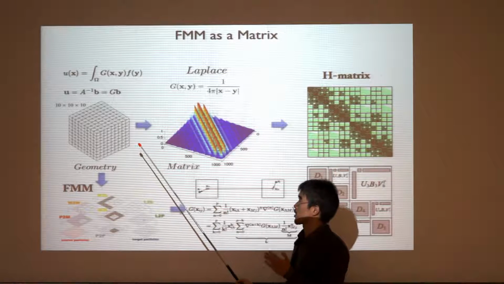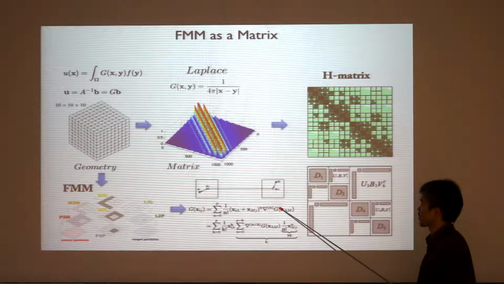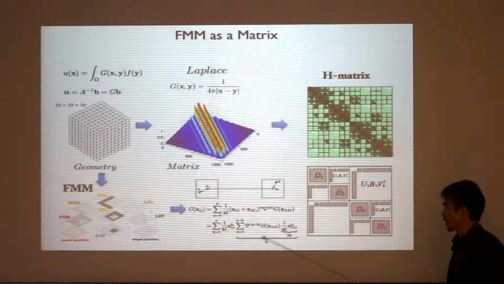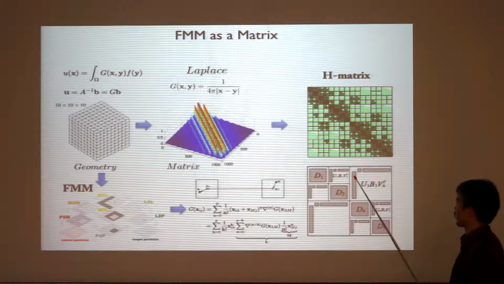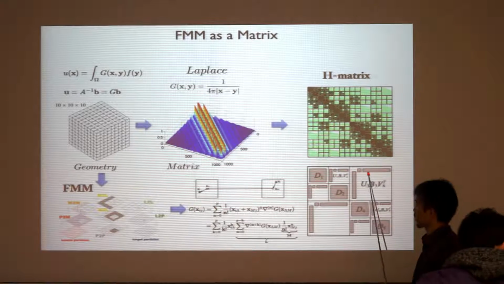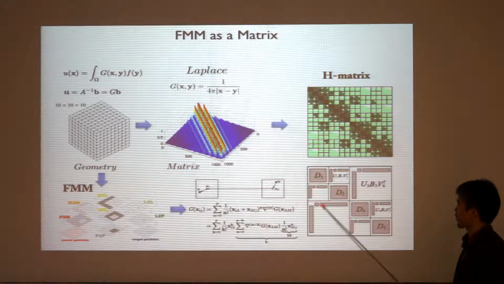But they're not necessarily Green's functions of anything. But still, because you know the analytical form of those equations, you can use this expansion. And so you can still use the analytical way to form the compressed low-rank approximation of the off-diagonal blocks.